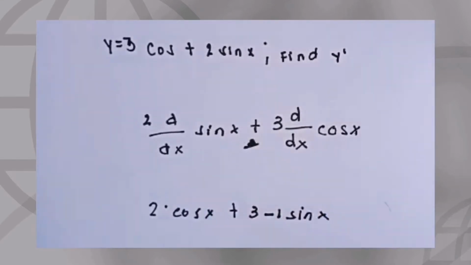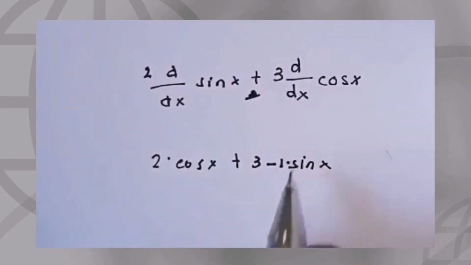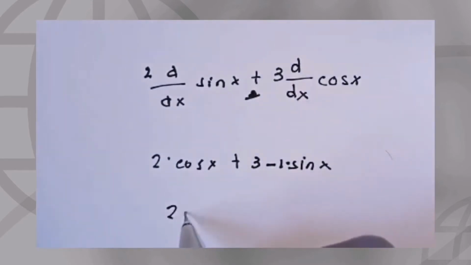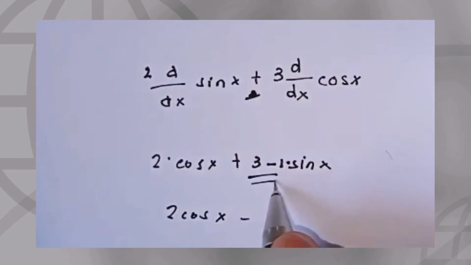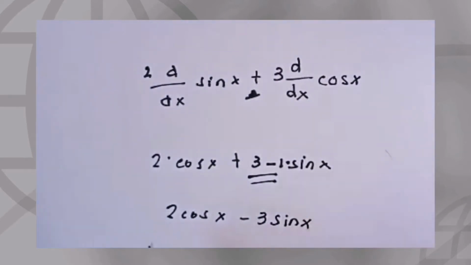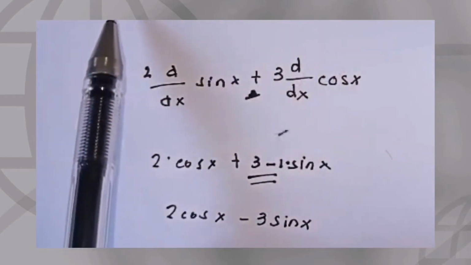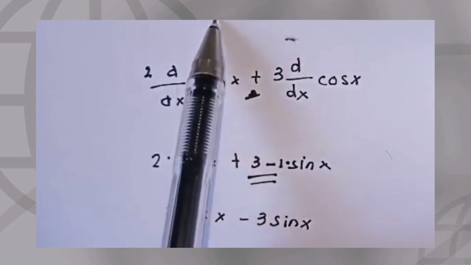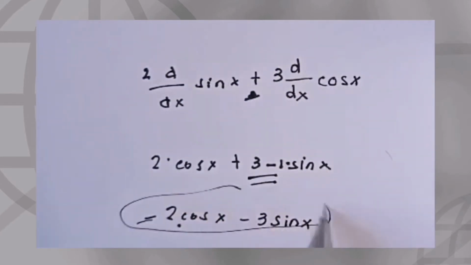And then we multiply, and this will result in 2 cosine x minus 3 sine x. So that's the answer: y prime of y equals 3 cosine x plus 2 sine x is equal to 2 cosine x minus 3 sine x.